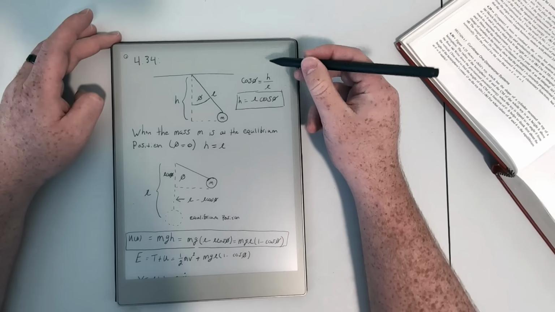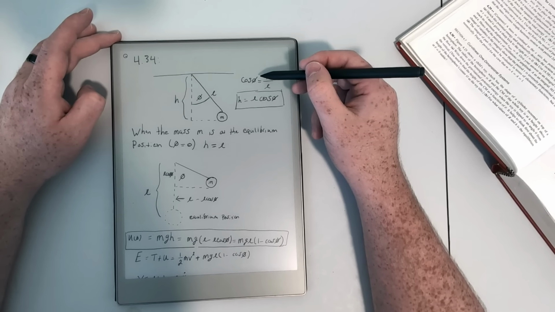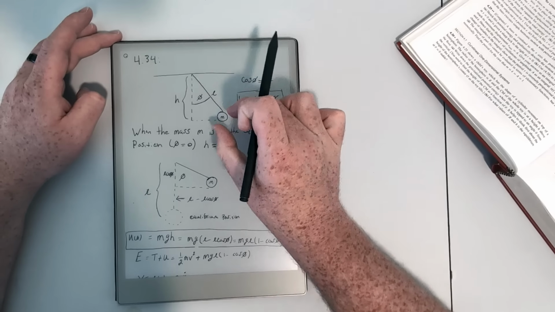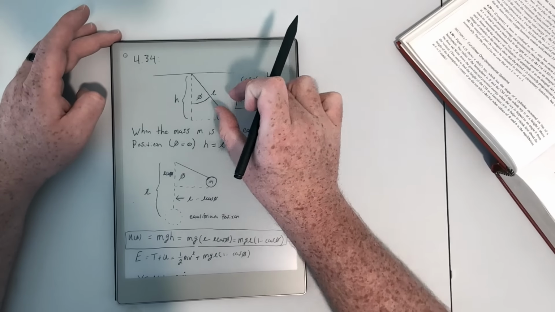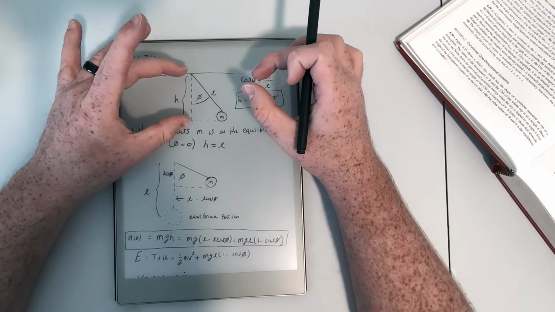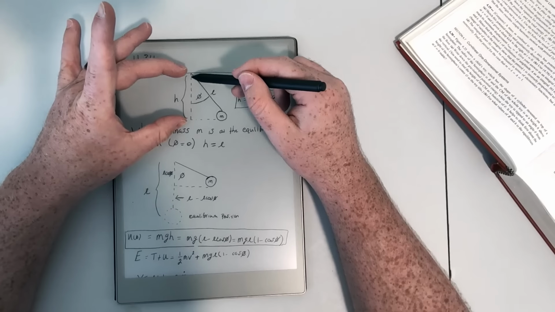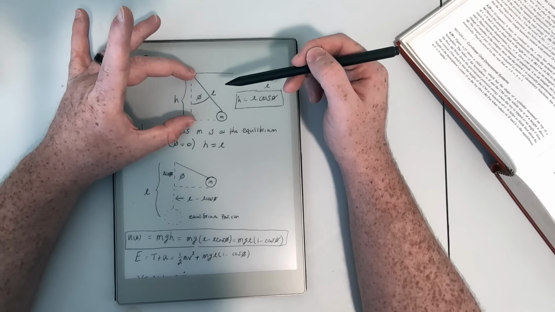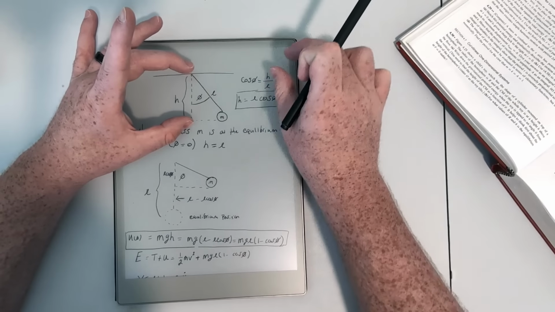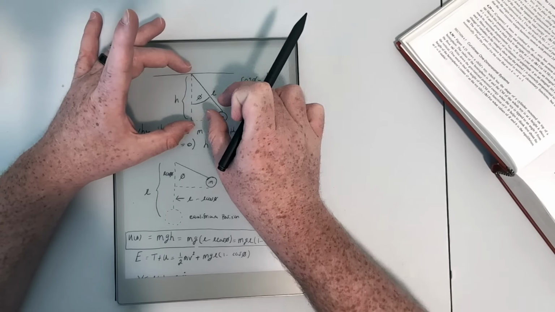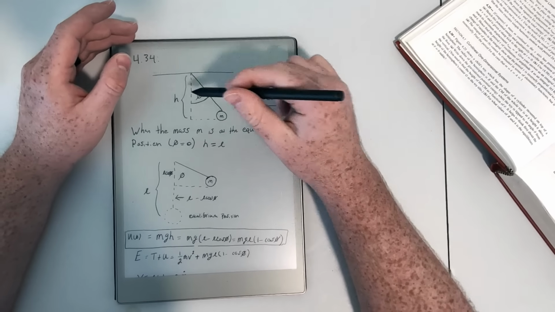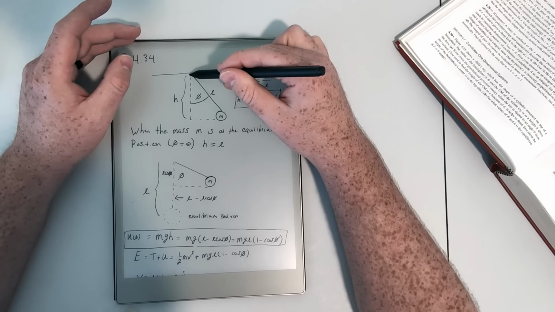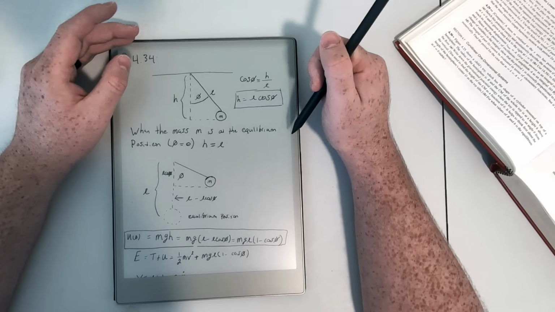But also noting that h changes as the mass rises. h is not the length when it's at the equilibrium position. It's just the length of this side of the triangle as the mass changes height. So it's really just the vertical height component of the mass from the top of the ceiling here.